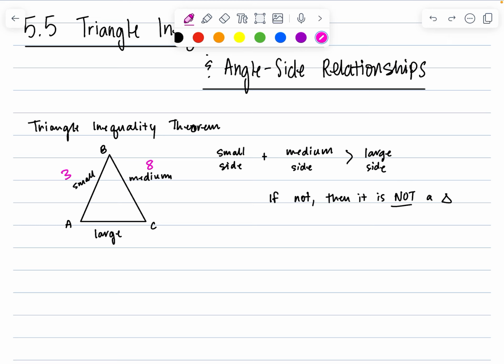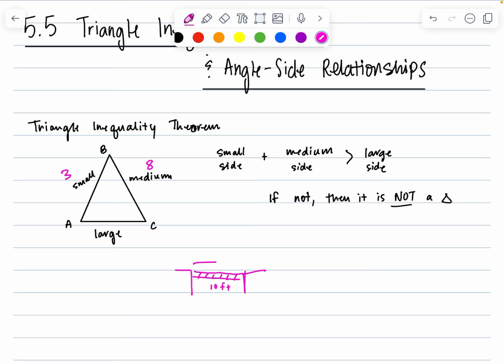And the way I like to think about this is this. Let's pretend you have a valley, and you need to build a bridge, and the bridge is, for instance, 10 feet. You need to construct supports for it, and in order to do that, you need pieces that will make a triangle.